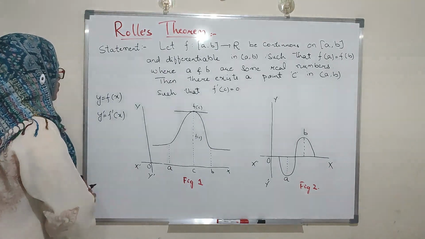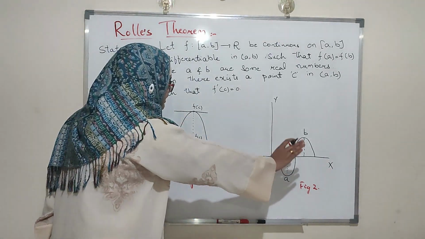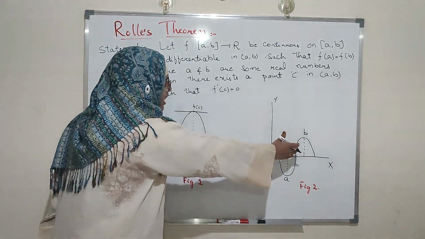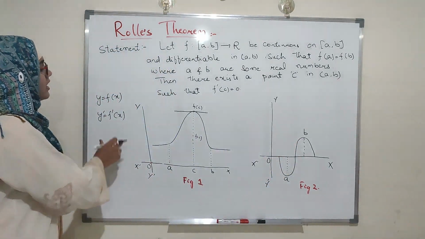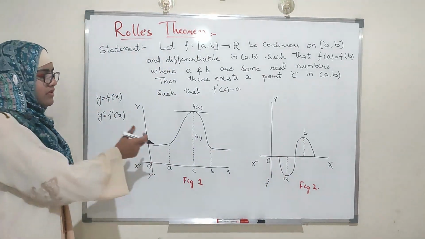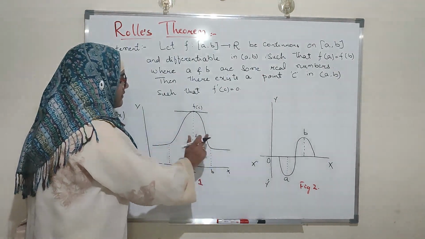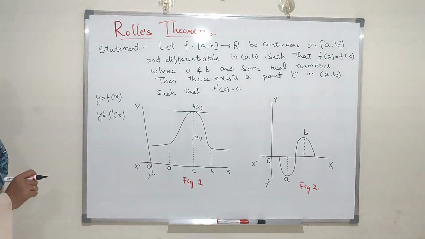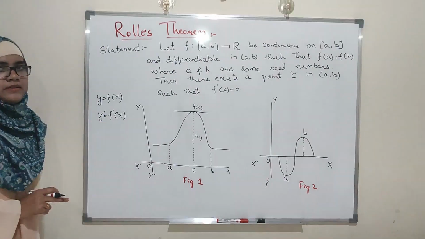As the points increase, the values vary in between a and b in both the graphs. So we can say that the given function values are different. That's why we are differentiating the function. So it is known as the derivative of f of x.